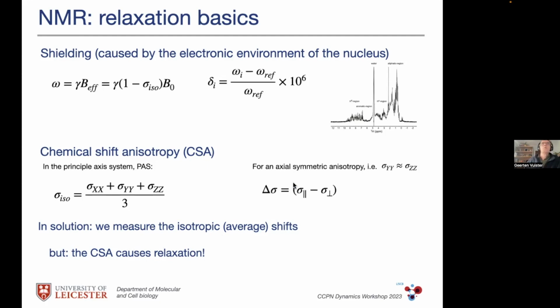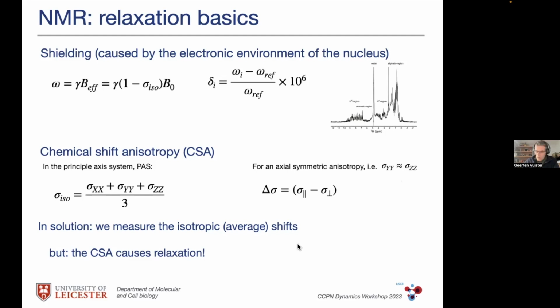Now, in most formulas, and the formulas that I will put up, it is actually the difference between the parallel and the perpendicular components of the chemical shift anisotropy tensor, which essentially means we are going to assume that the YY and ZZ are roughly the same size. So there is one predominant direction and one other direction.